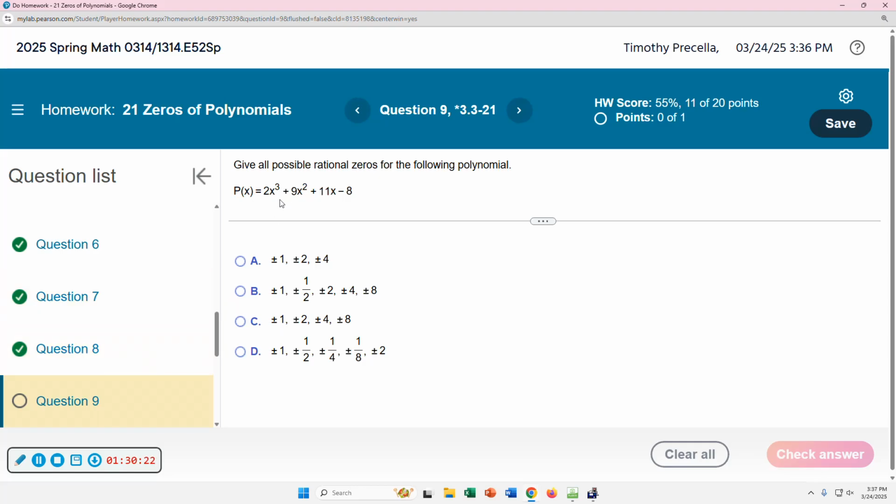We want to find the possible rational zeros, and I'm going to abbreviate possible rational zeros PRZ, of P of X equals 2x cubed plus 9x squared plus 11x minus 8.